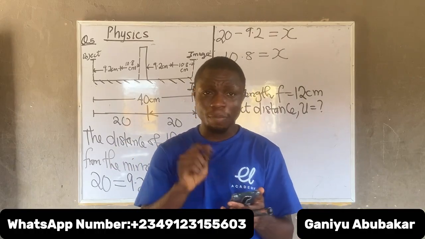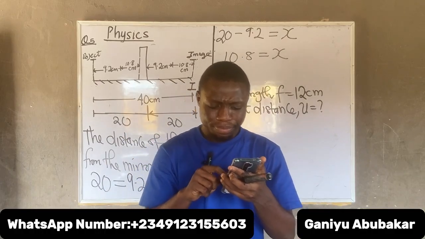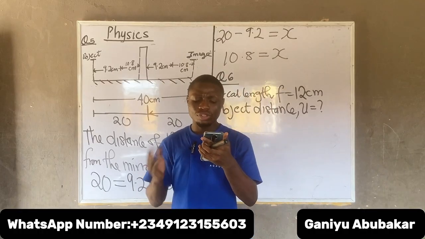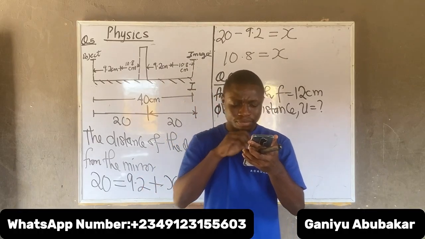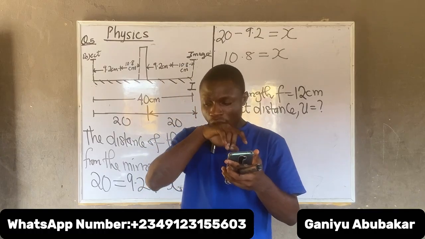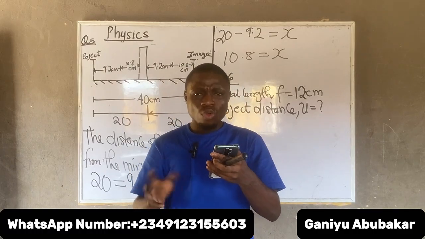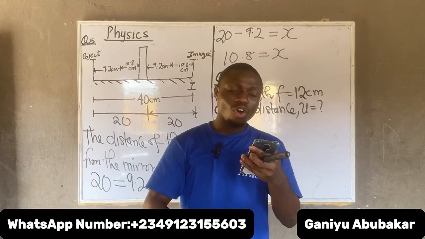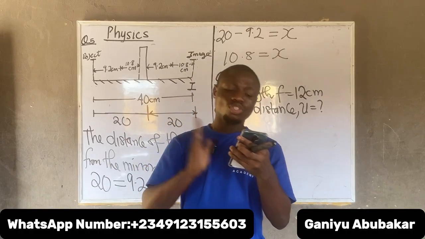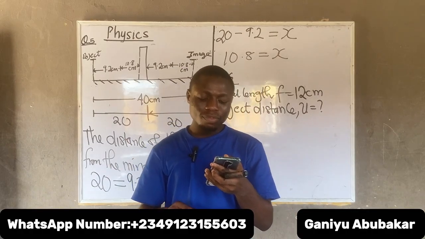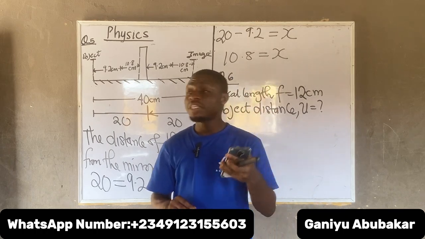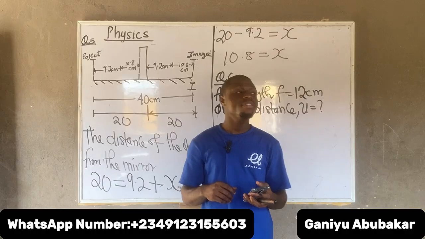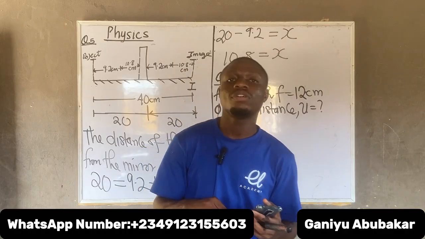Please note this down: whenever you see an image 4 times or 3 times or 2 times the size, it means magnification.